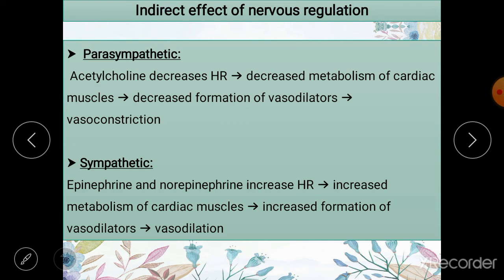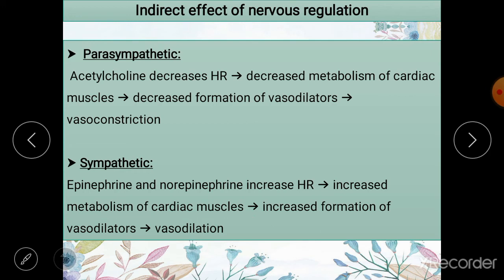When you are exercising or when you are in stress, your sympathetic nervous system becomes activated. It is going to secrete epinephrine and norepinephrine. Epinephrine and norepinephrine are going to increase your heart rate, increase your cardiac contractility, increase your cardiac activity, and this will result in increased metabolism of the cardiac muscle.